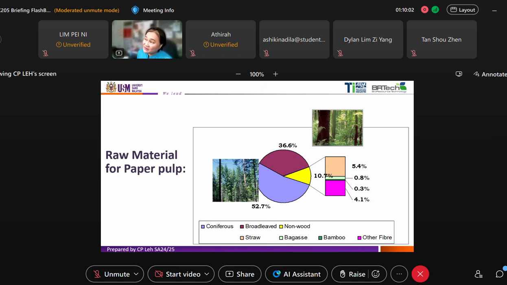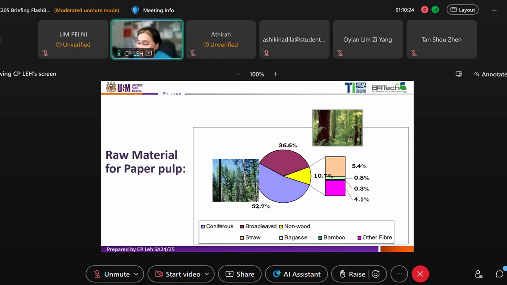I can check the lignin content. Softwoods have different fiber lengths, and also lower density, and softwood has a higher lignin content.